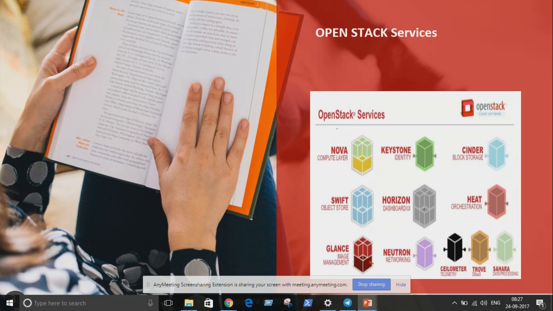These are 3 optional services. If you want to meter things, then you will use Ceilometer or something else. There are many more services that can be integrated into OpenStack, but these are the important ones that are part of OpenStack as primary services.